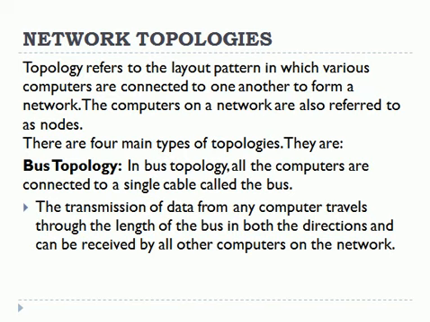The first and simplest topology is the bus topology. Bus topology is the topology by which we can create the connection using a single cable, and this single data cable is known as the bus. All the computers are connected through this bus only.